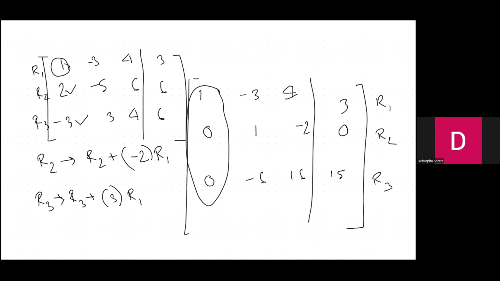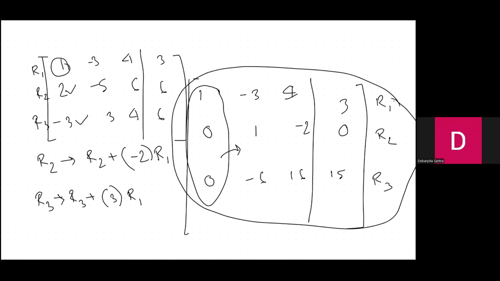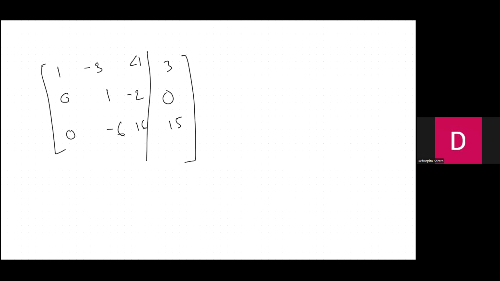Next we will move to the second column. On this matrix, we will do the other operation. So what we have just found is this matrix: 1, minus 3, 4, and on the right hand side it is 3. 0, 1, minus 2, and on the right hand side it is 0. 0, minus 6, 16, and on the right hand side it is 15.